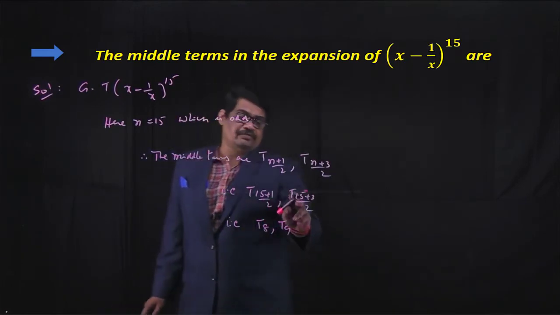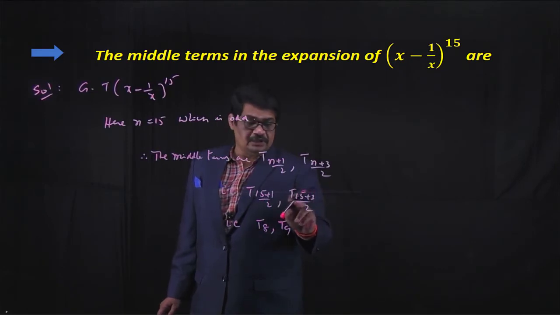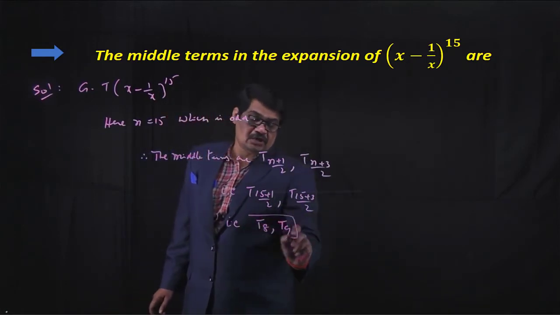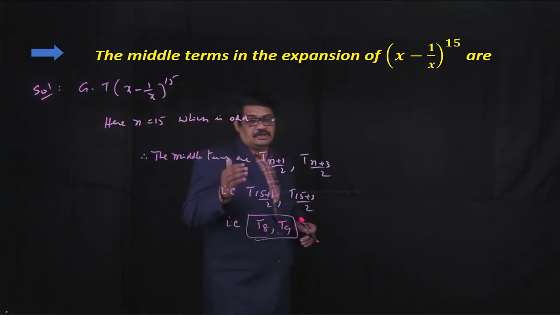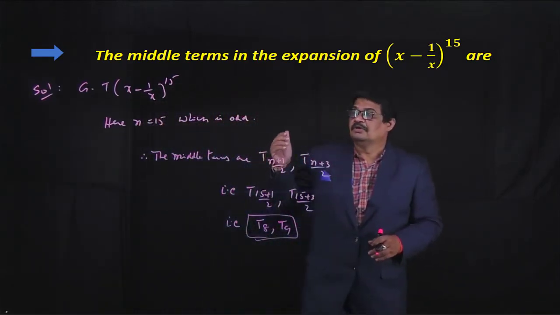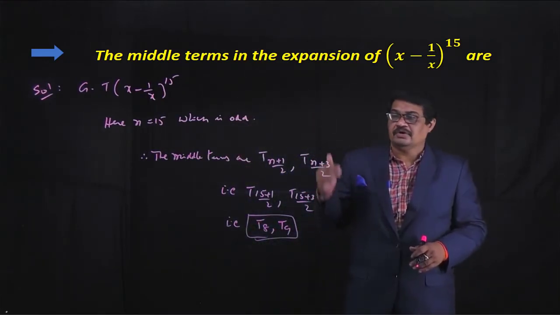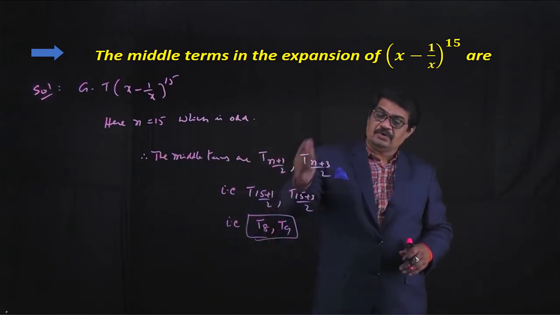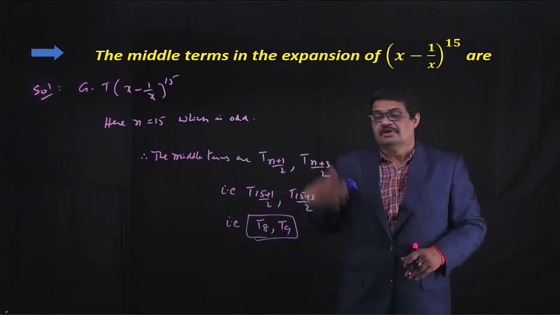So T(15+3)/2, T18/2 is T9, and here T16/2 is T8. These two are the middle terms in the expansion of (x - 1/x) whole power 15. If n is odd, the middle terms are T(n+1)/2 and T(n+3)/2, so there are two middle terms if n is odd.